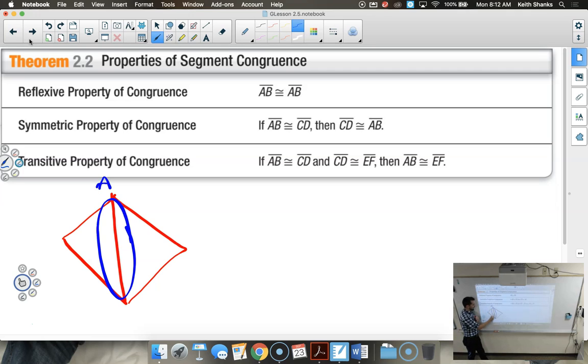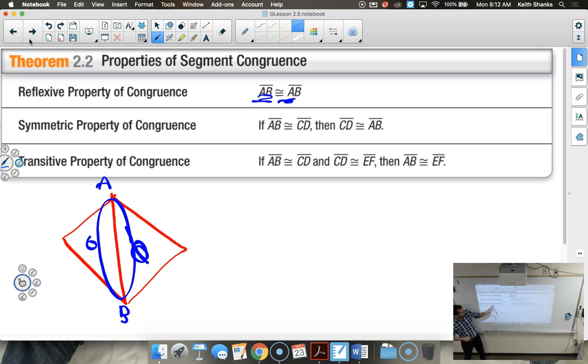The idea is that piece, AB, counts once for the right triangle and once for the left triangle. I know I said that backwards for you guys, so I apologize. This would be referring to this side, and this would be referring to this side, but they're the same thing, but you have to recognize that one piece is shared by both triangles. That's where the reflexive property comes in.